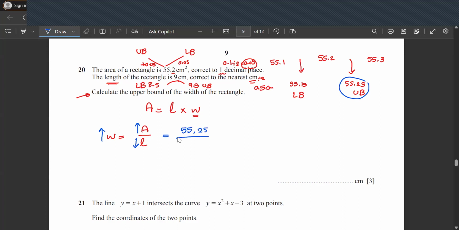Okay, what is the lower bound of L? 8.5. So please calculate it. 55.25 divided by 8.5 is 6.5. That's it. Any problem?